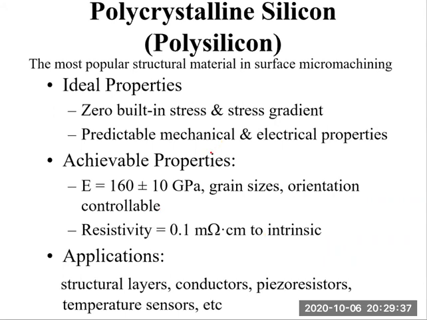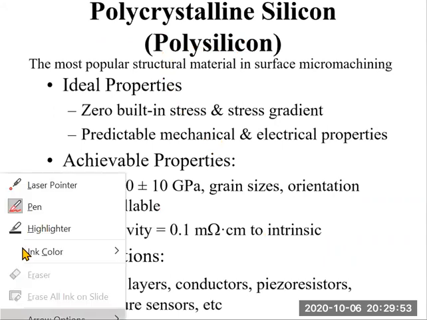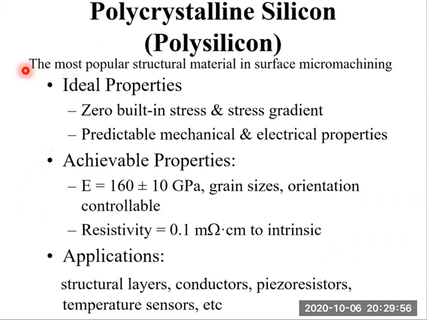Okay, next let's focus on a specific thin film, polycrystalline silicon or polysilicon. This is a widely used thin film in surface micromachining. As I stated here, polysilicon is the most popular structural material in surface micromachining. Polysilicon can have zero bulk stress and stress gradient, predictable mechanical and electrical properties.